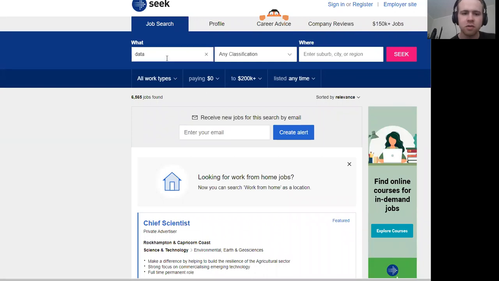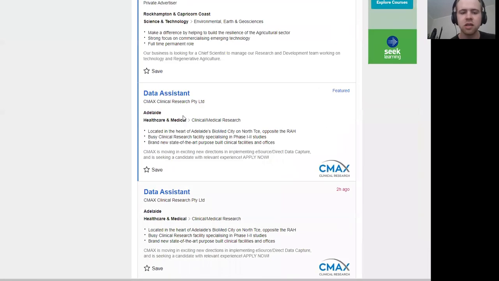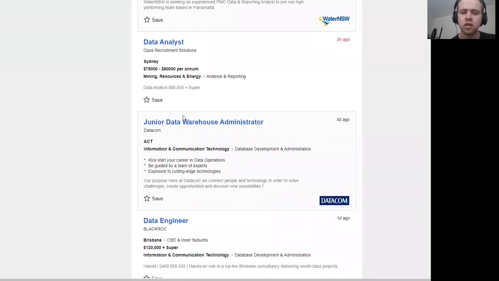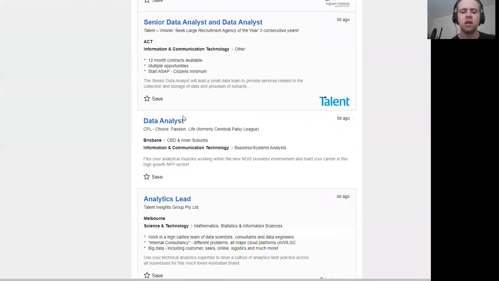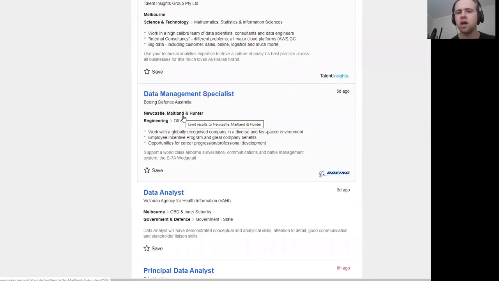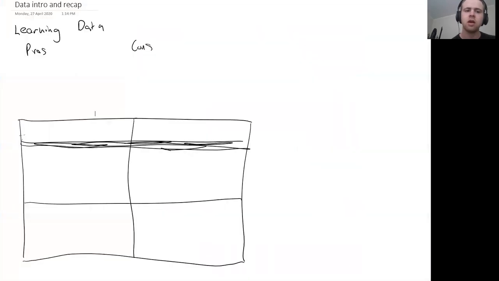I just type in data, and there are thousands of jobs here: scientists, engineers, computing, etc. Lots of different jobs that require you to be able to interpret data, analyze data, collect data well. So that's one reason why learning about data is really important.